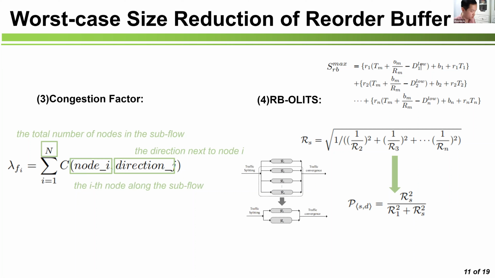This new splitting configuration can be captured using an Ohm's law-like calculation, and here PSD is the final splitting configuration derived for subflow FSD. We expect that this new splitting configuration can result in a smaller worst case reorder buffer size.